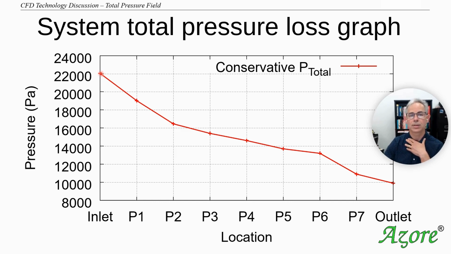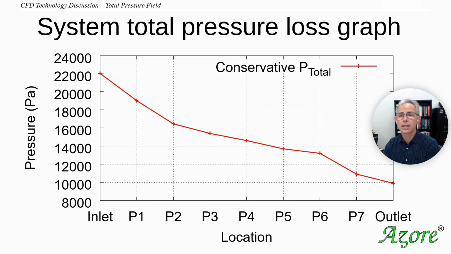The total pressure is highest at our inlet, and it's lowest over here, and it drops monotonically all the way down. There's no point where the pressure goes below and then rises up, which is exactly what we would expect from an engineering perspective. Even right here, where we're in the middle of that giant recirculation zone at plane one.